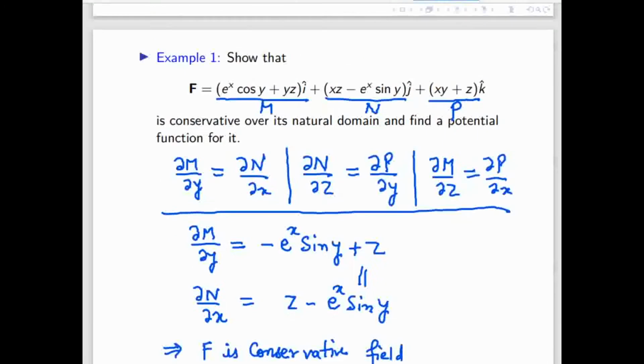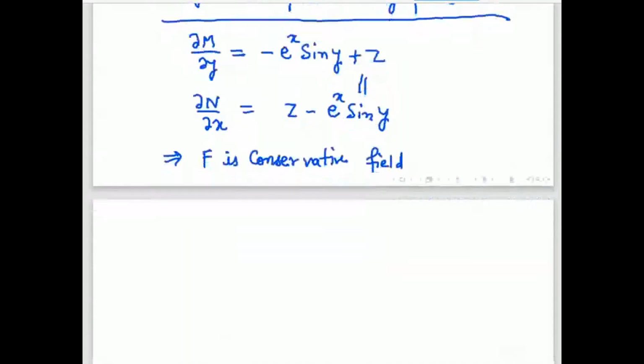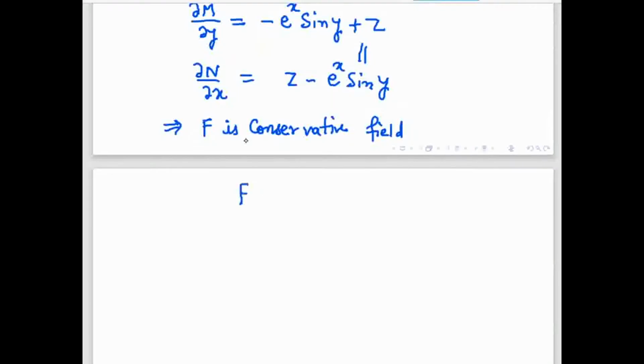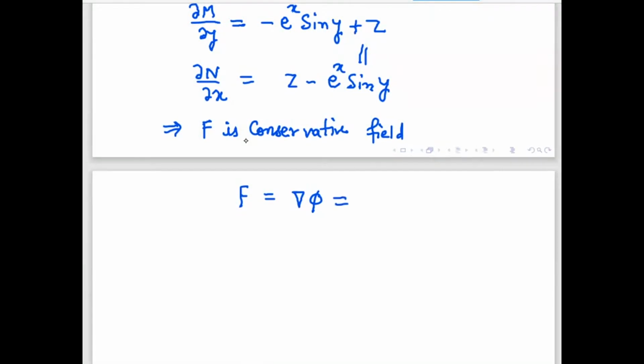And next one is that you have to find the potential function for this conservative field. So for potential function, F equal to gradient of phi, so you have to calculate the phi. So gradient phi means del phi by del x i cap, del phi by del y j cap, and del phi by del z k cap.